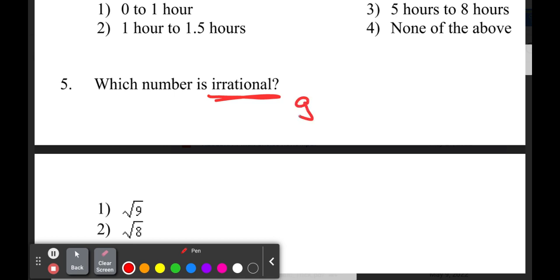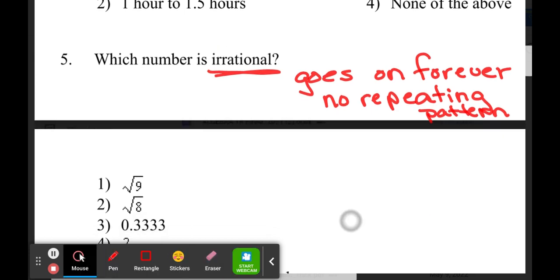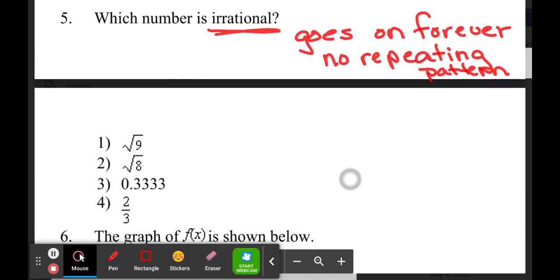So maybe on your paper you want to write goes on forever. That means non-terminating. No repeating pattern. If I were you, I would jot that down so that when I'm studying tonight, I remember what irrational means.